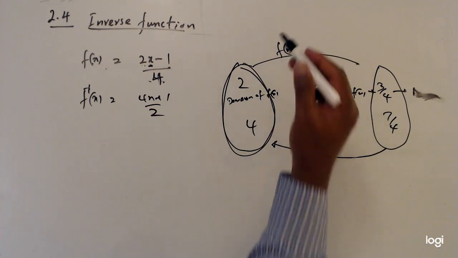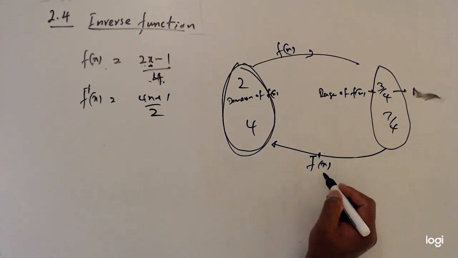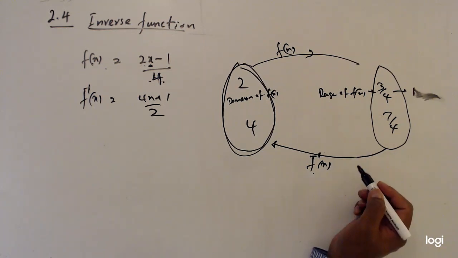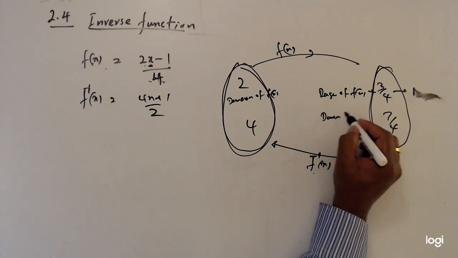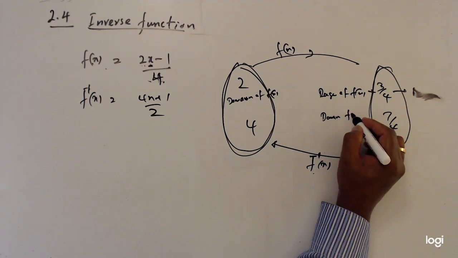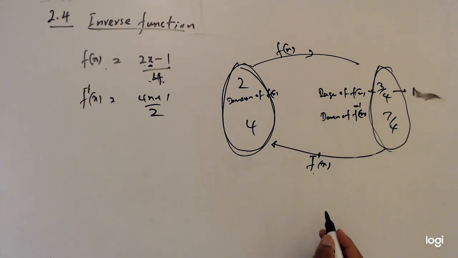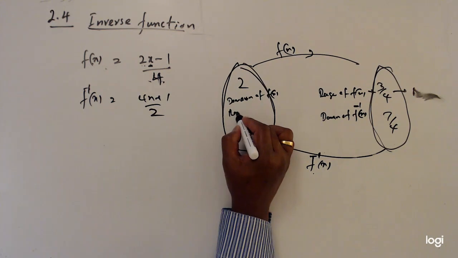When you consider the inverse function, what is the domain for the inverse function? This one is the domain of f inverse x. And for the f inverse function, what is this one?